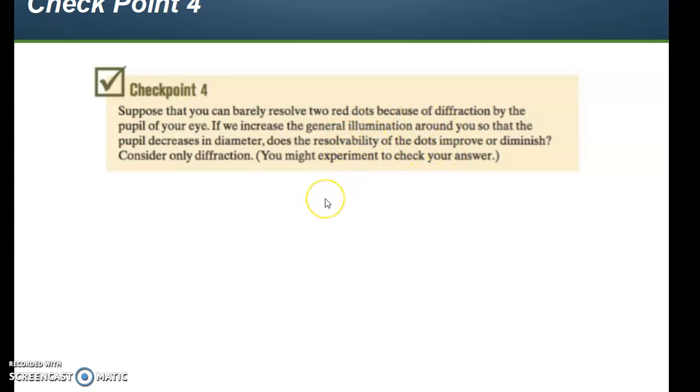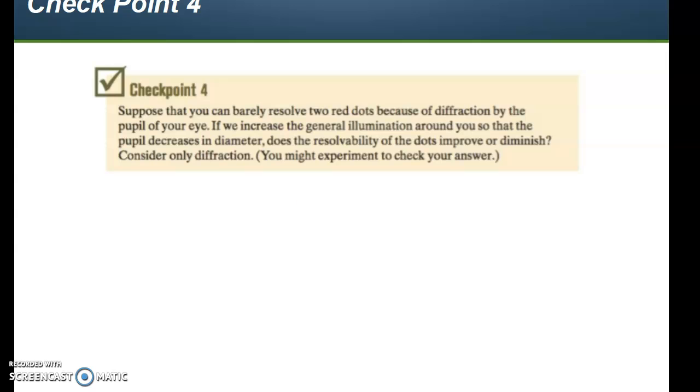What you can do, though, and an interesting experiment, is look through something that has a whole lot of individual little points in it. If you look through a type of screen with many little points and put that in front of your eye, it's as good as wearing glasses if you are nearsighted.